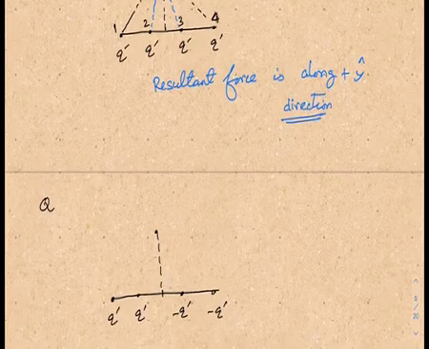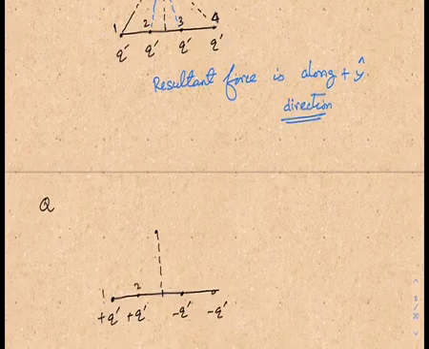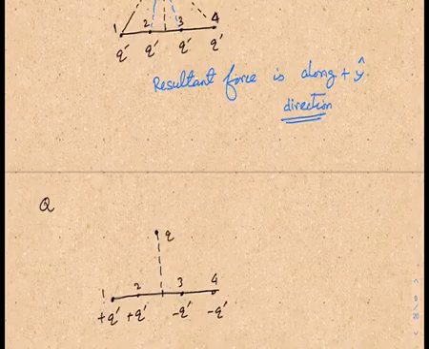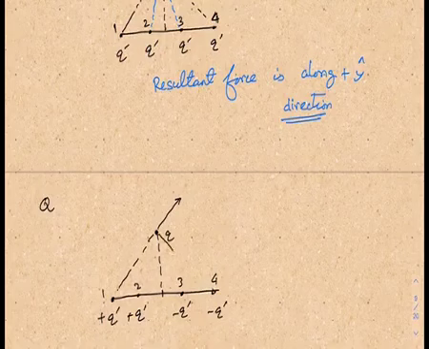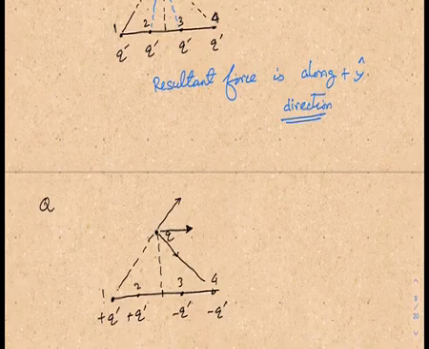So this is positive 1, 2, 3, 4, and this is your charge q. Now if you look at it, because of this, the force would be along this direction, and because of this the force would be along this direction. So the resultant would be along this direction. This is your x direction.